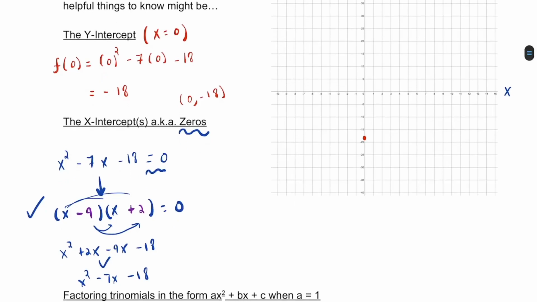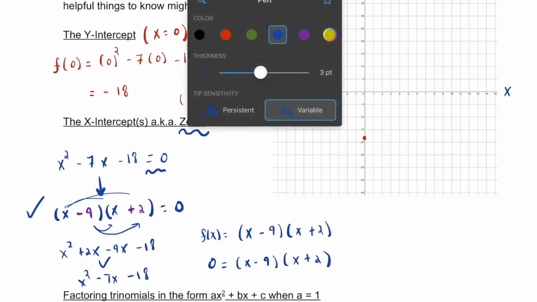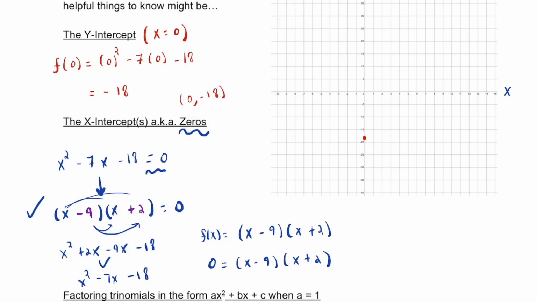Now, the really important idea here is if you know that this f of x is also equal to x minus 9 times x plus 2, and you want to know when does 0 come out, when does this expression equal 0? Well, there's exactly two things that could happen.